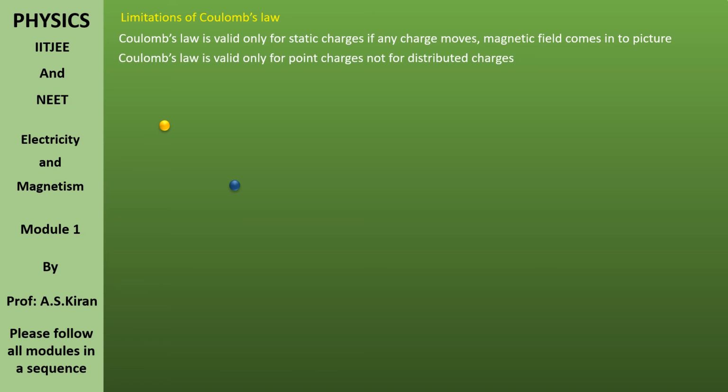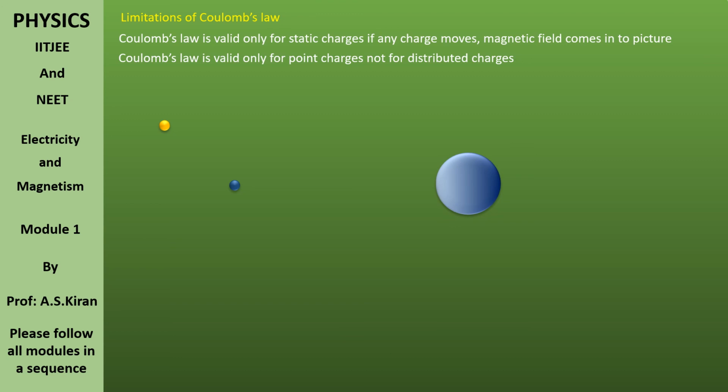If any one of them moves, or both of them move, whatever be the case, magnetic fields come into picture. Please remember, when magnetic fields come into picture, obviously there will be magnetic forces also generated. Then the net force is not just because of Coulomb's law. So Coulomb's law is limited only to static charges.